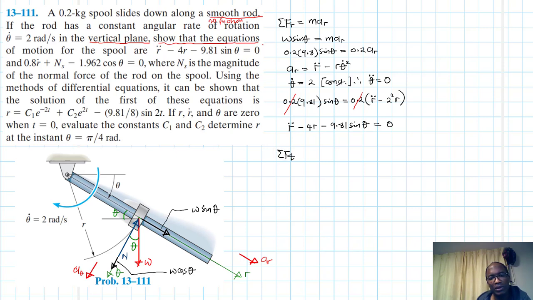Summation of forces in the theta direction equal to m a_theta. And then we do have in that direction two forces.